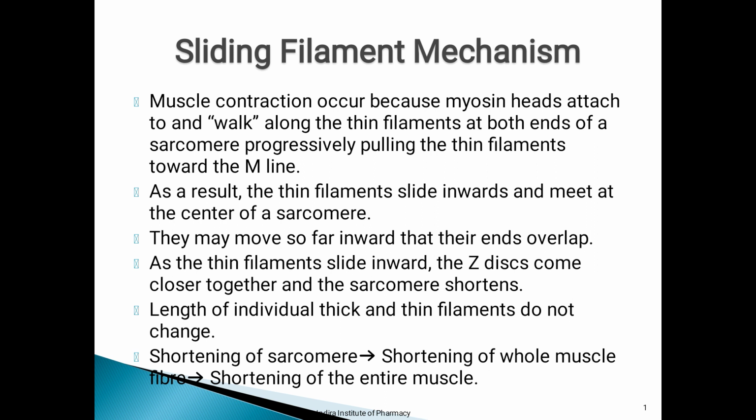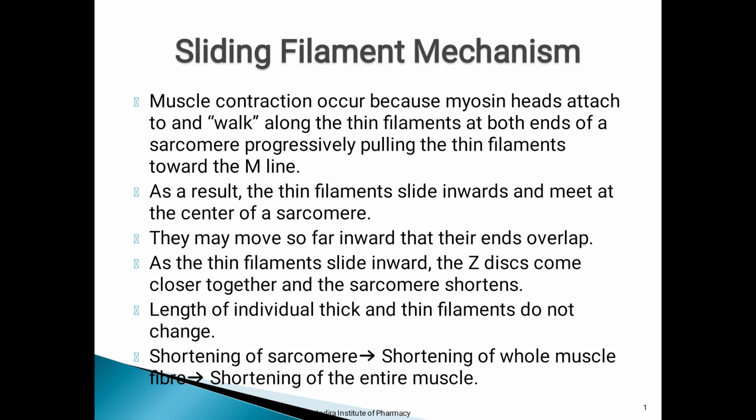So in the earlier class we have covered the neuromuscular junction. In that we covered how nerve action potential reaches the axonal terminal of the somatic motor neuron and how it is converted into muscle action potential in the motor end plate of the muscle fiber.